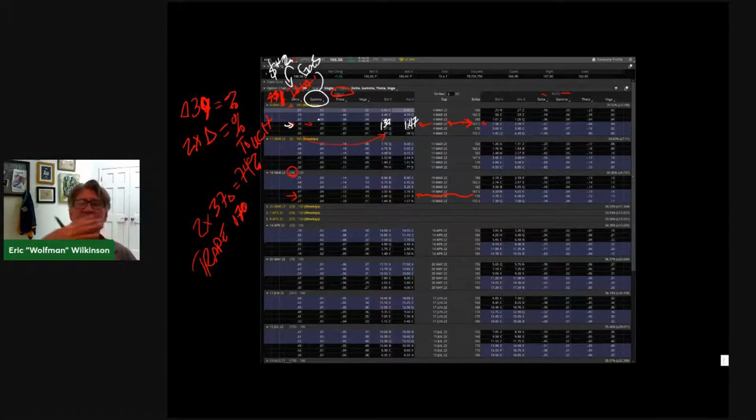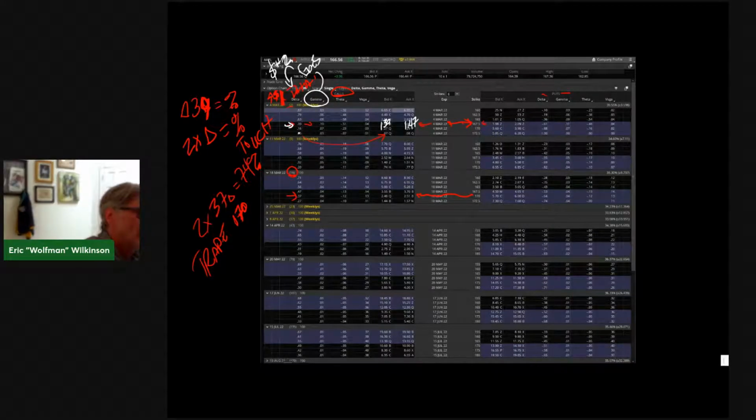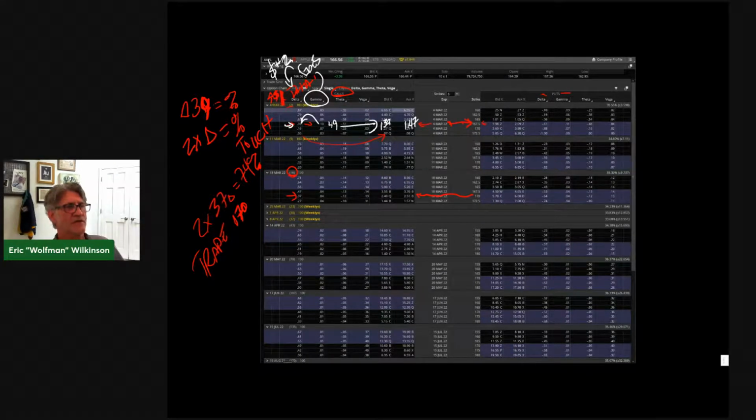Now, gamma on the second dollar goes with delta, right? So if it moved up another dollar, then we would see gamma go into delta, and then that's 49 cents that would go into those options on that second dollar move. Okay? Does that make sense? So gamma goes with delta on the second dollar.